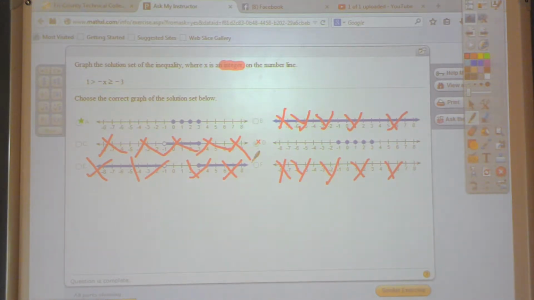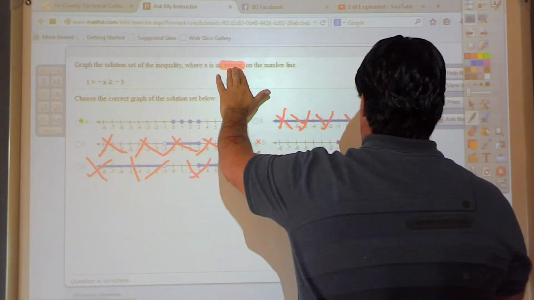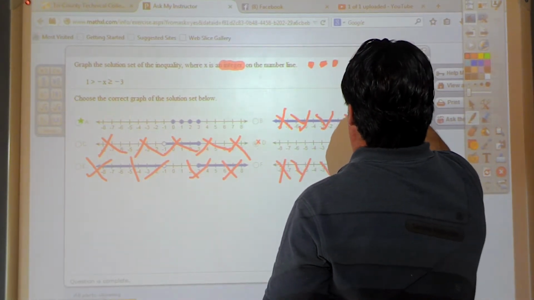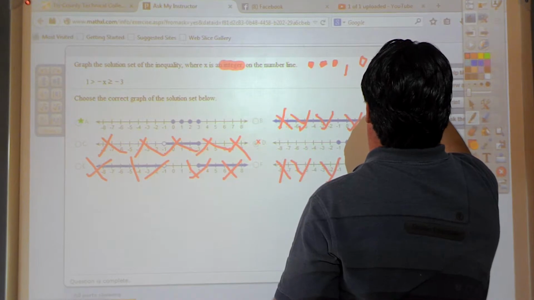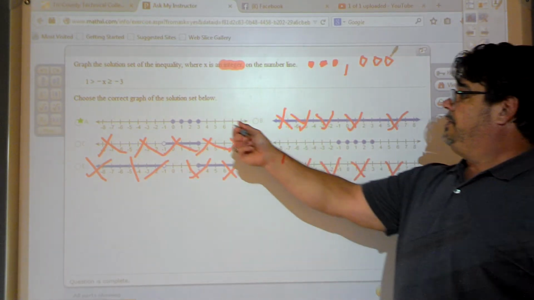And what's between 3 and 4? Decimals and fractions. Integer means whole numbers. So whenever you see the word integer, that means you're going to be dealing with dots instead of shaded areas. So your only possible two answers are these two.